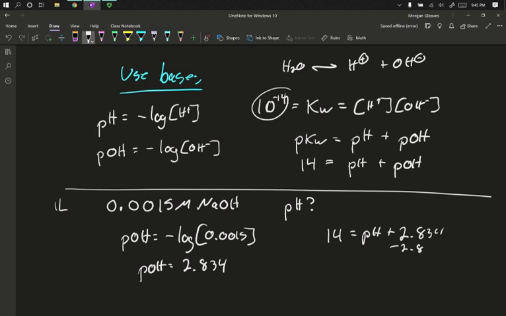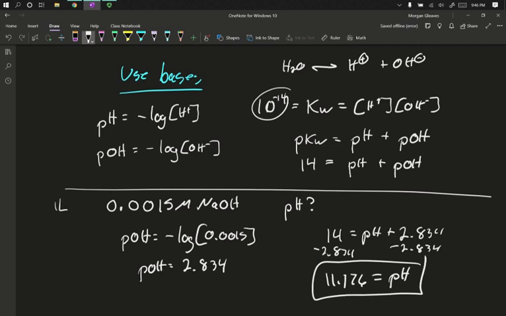So we subtract that from both sides, and we will find 11.176 is equal to our pH. That's much greater than 7. It's pretty basic, which makes sense. We added a fair amount of a strong base, sodium hydroxide.